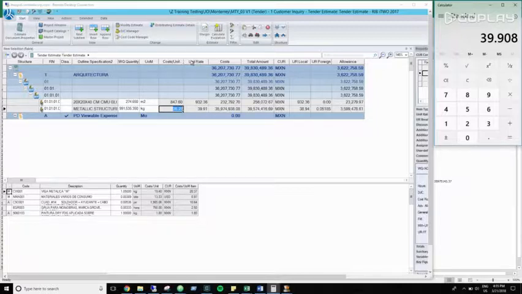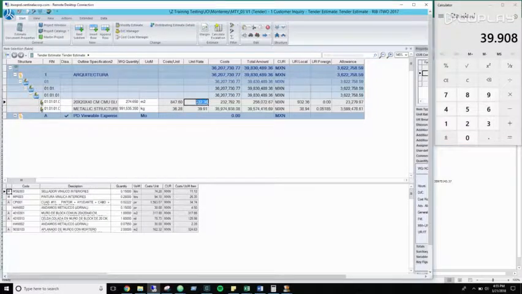So these two columns are okay, but let me try with these two more. Unit of rate multiplied by the quantity, to see if we're still getting the right value.